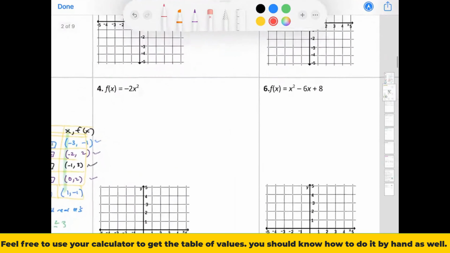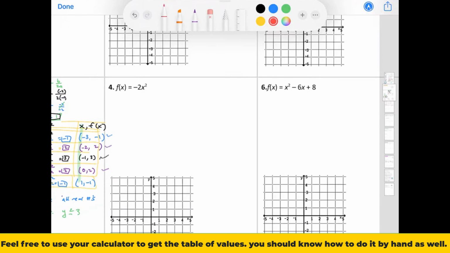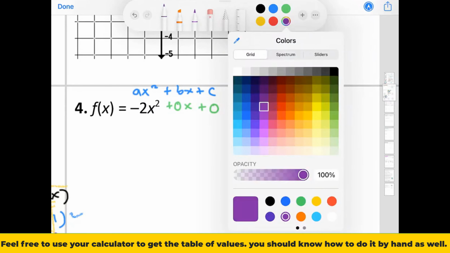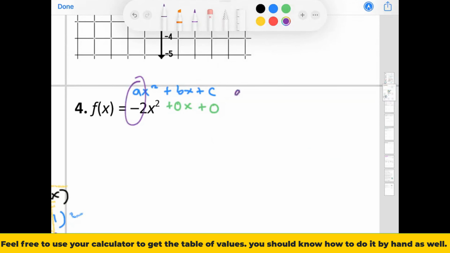Let's do number 4. Okay, this one's a little bit tricky in that there's a bunch of stuff missing. So you can just write standard form. You have stuff missing, so just write zeros. See that? And then you can quickly identify your values. A is -2, B is 0, and C is 0.